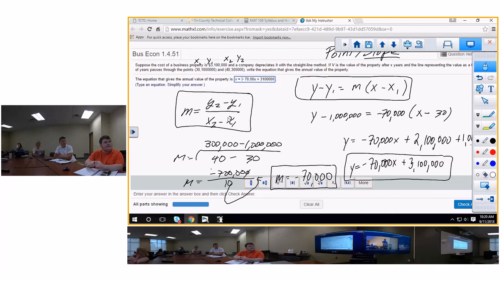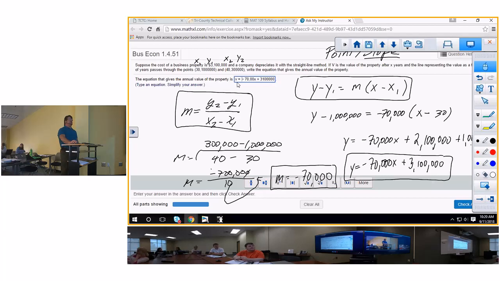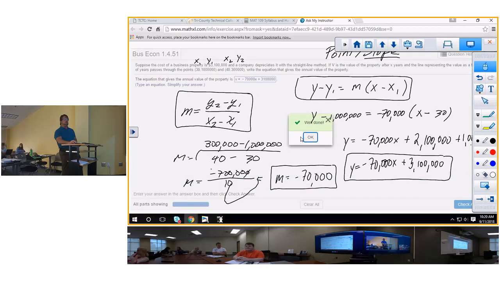Now, what if you put in y? I don't care. If you did this on a test and you said y is equal to negative 70,000x, I don't care.